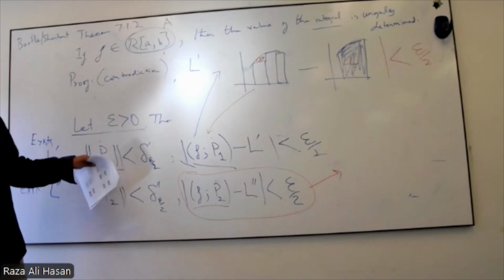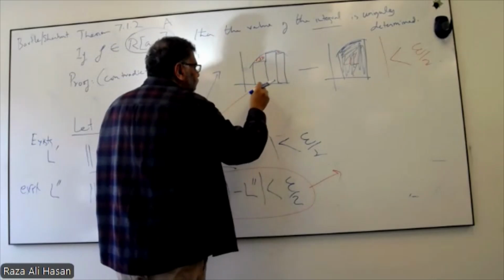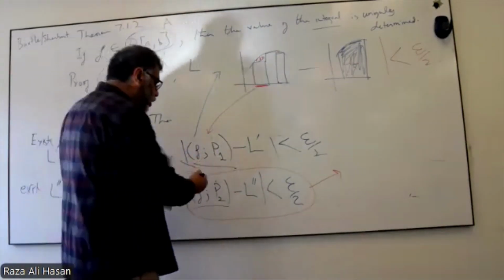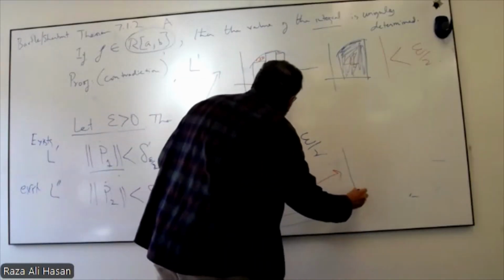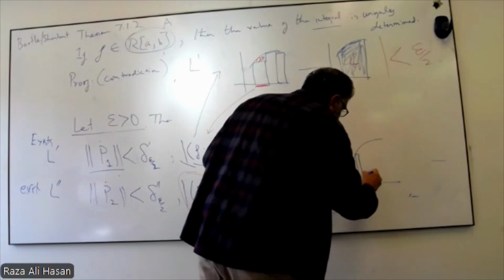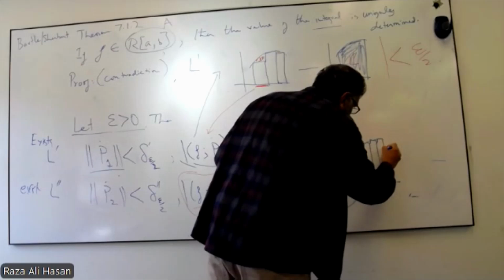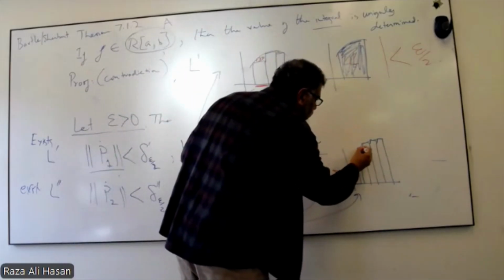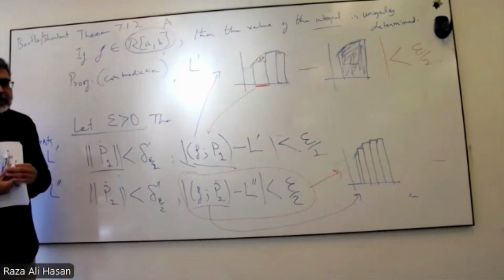So the largest width of the base is this one, and it is still less than delta. Now I'm going to draw a picture here which will represent this guy. I've got skinny ones here. And as you can see, the error here is smaller. So this is a finer partition.